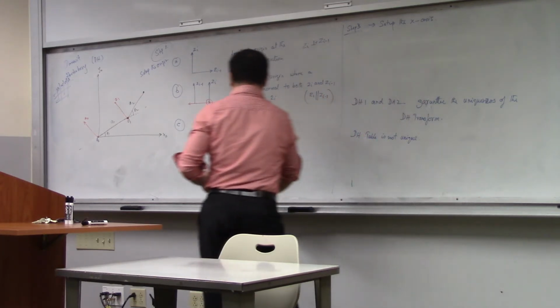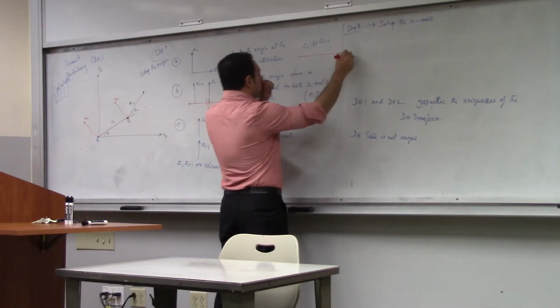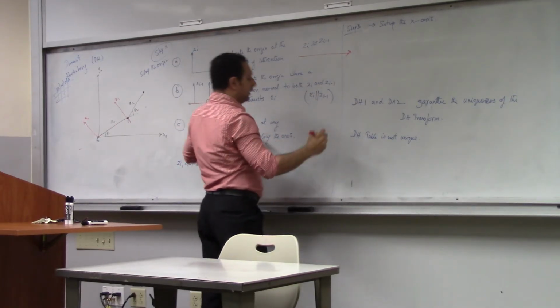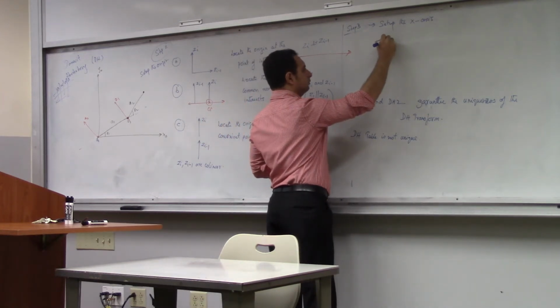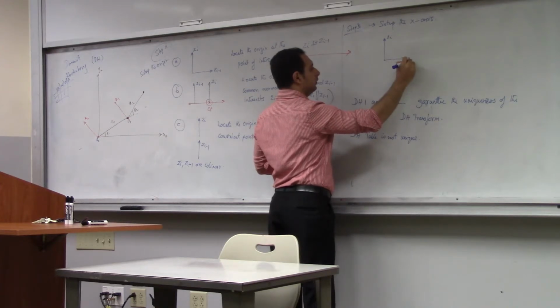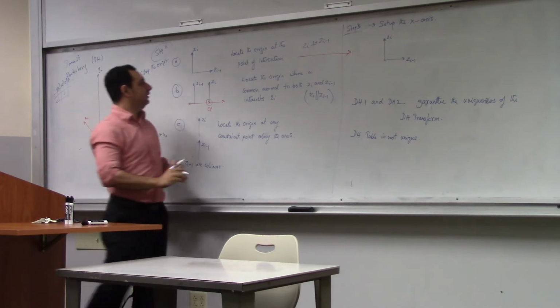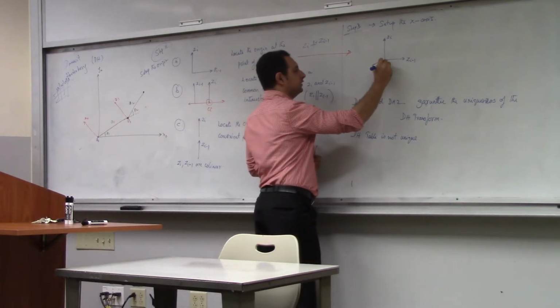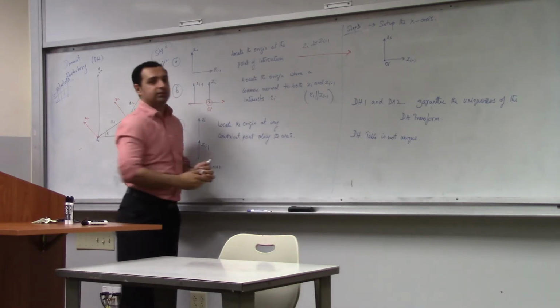All right, let's take the first case here, right? In which case, Zi and Zi minus 1 are perpendicular. Now in this case, how will you draw x? Let's say this is Oi. How will we draw x?